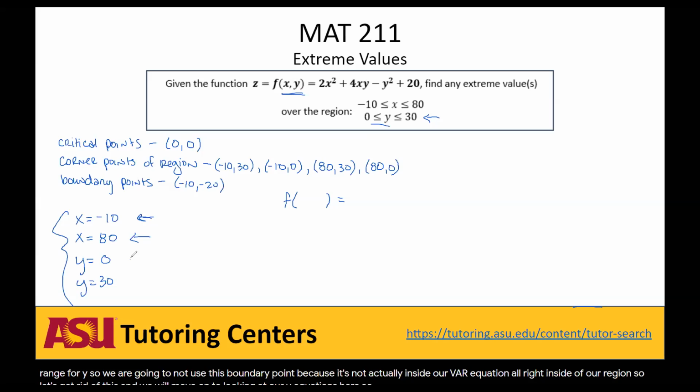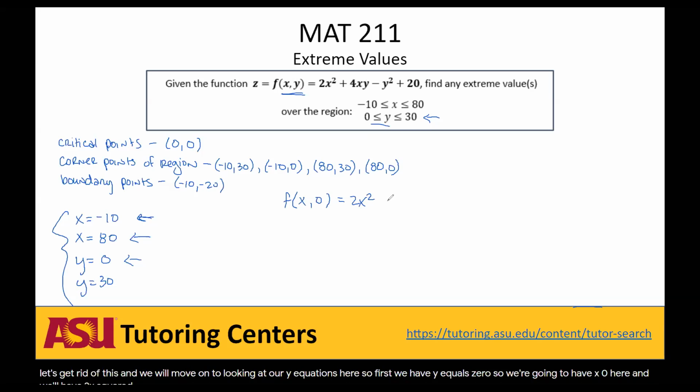So first we have y equals 0. So we're going to have x, 0 here. And we'll have 2x squared plus 4 times x times 0 for our y minus 0 squared plus 20. So this gives us 2x squared plus 20.